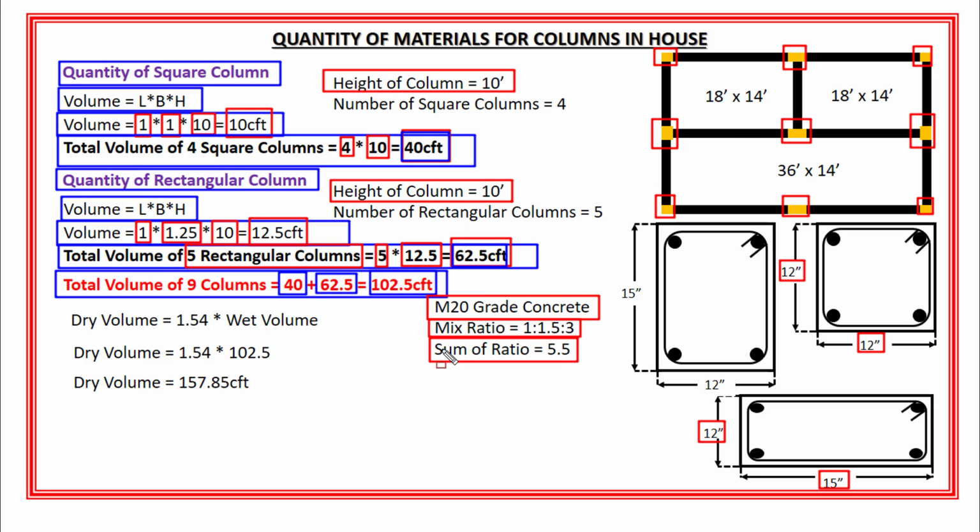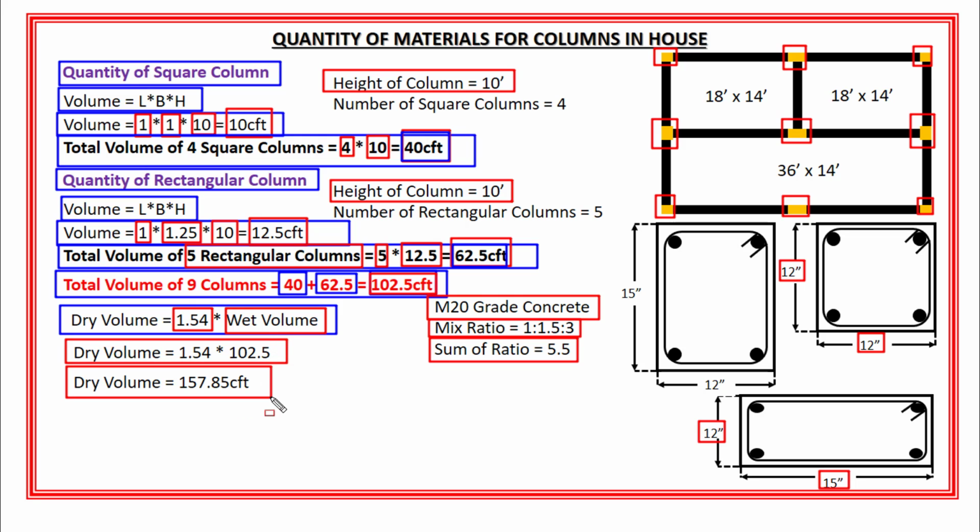Okay. So here I have the wet volume of these 9 columns, which is 102.5 cubic feet. So the dry volume of concrete is equal to 1.54 times wet volume. And after putting the values, the total dry volume of 9 columns will become 157.85 cubic feet, right?